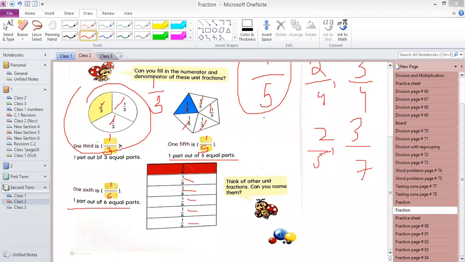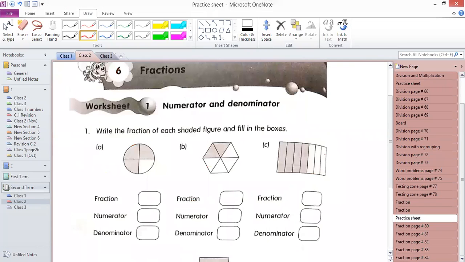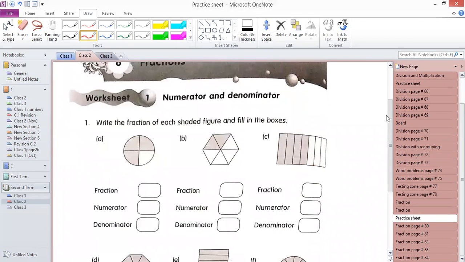Very good. So let's start one of the worksheets, and I will check whether you can write it or not. These are the pictures. You have to write the fraction of the shaded figure and fill in the boxes.